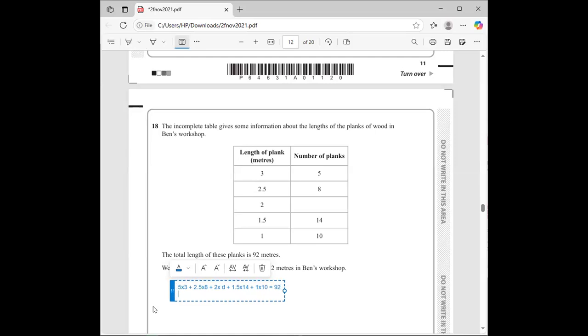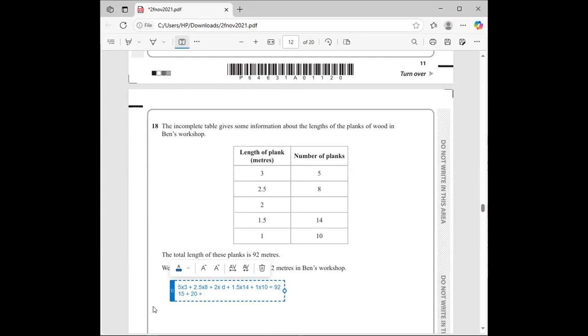Those ones with decimals, let's quickly clear them off. 5 times 3 is 15 plus 2.5 times 8 will give us what? 4 times 25 is 100, so that's going to be 20. Is that 20? Yeah, 20.0, right? The 20.0 is as good as 20.